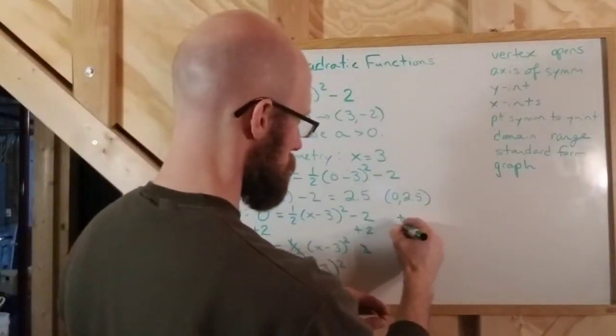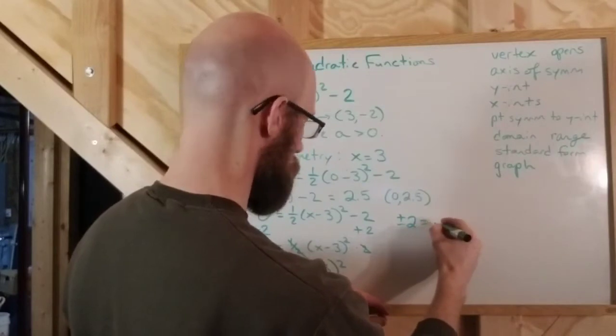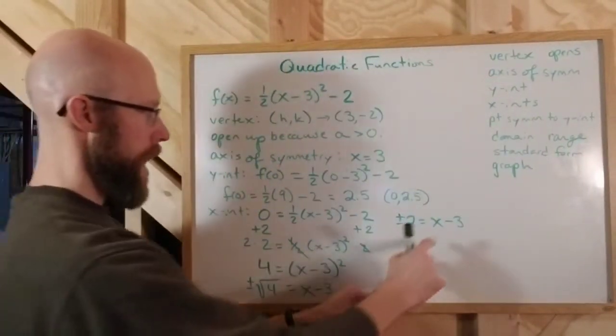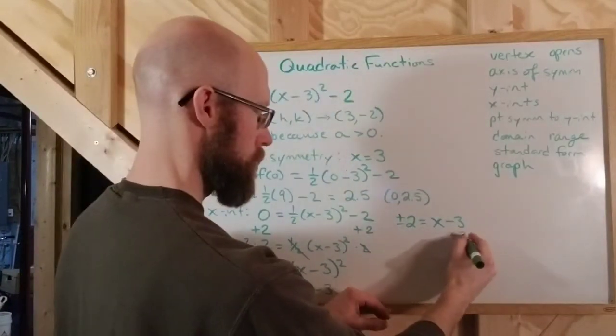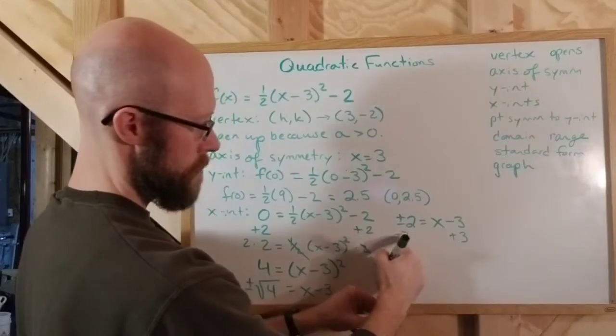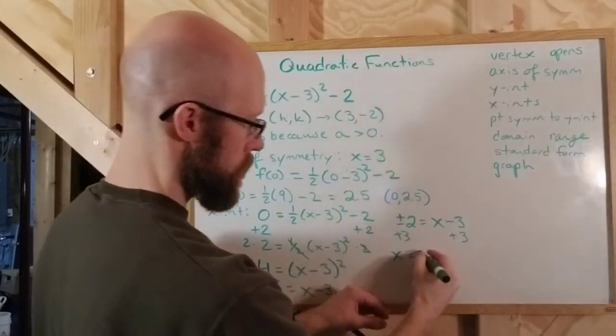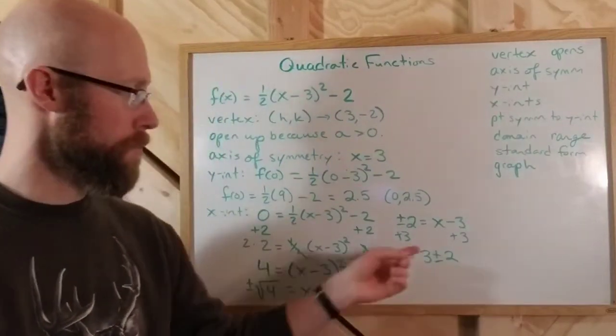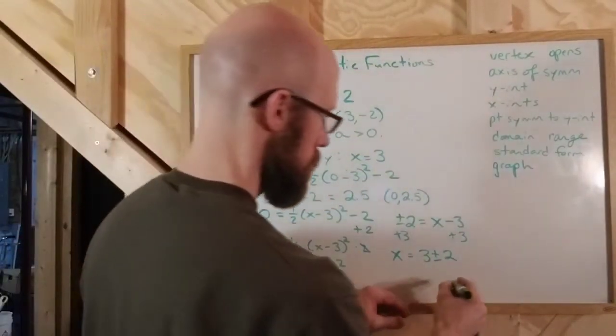So that's really plus or minus 2 equals x minus 3. And when I add the 3 to both sides, I get positive 3 plus or minus 2. So it gives me 2 different answers. Okay, one with a plus, one with a minus.